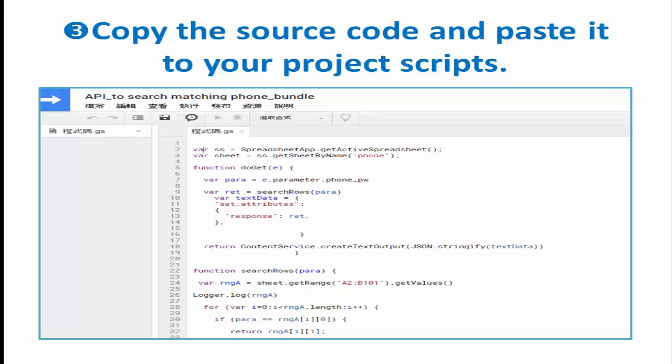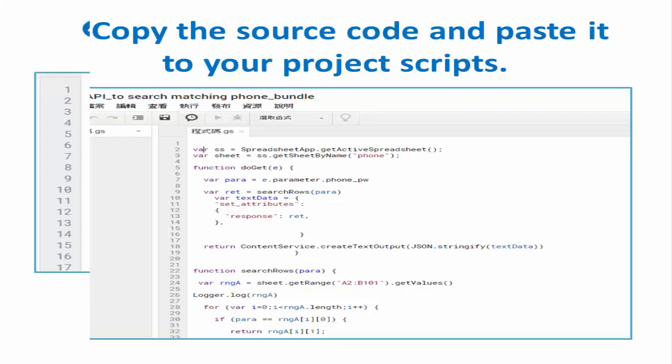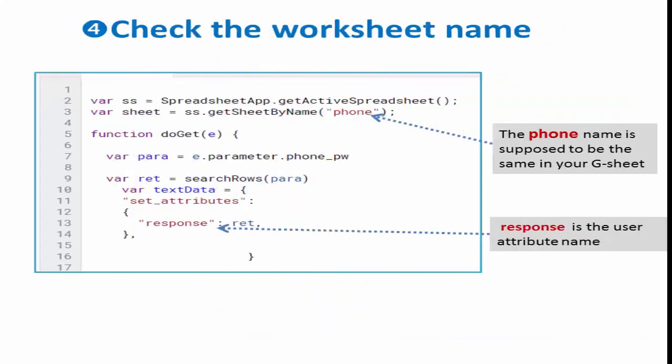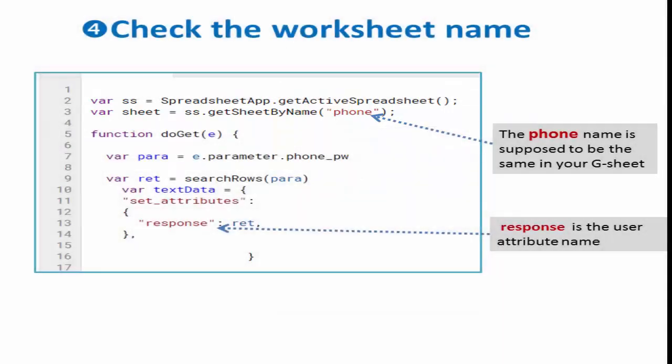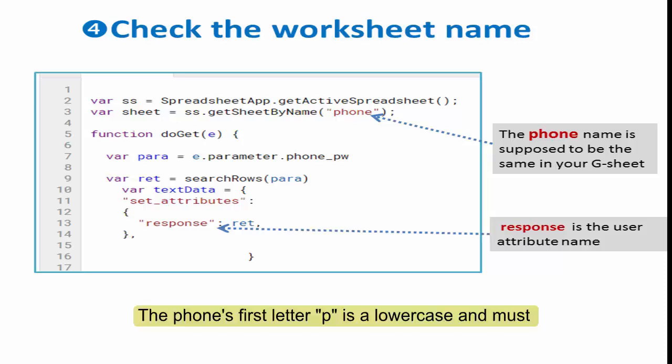Then we will quickly remind you of the main parameters that you need to check. First, check if the name in getSheetByName, as shown here, is the same as the name of the particular sheet you want to search in the spreadsheet.